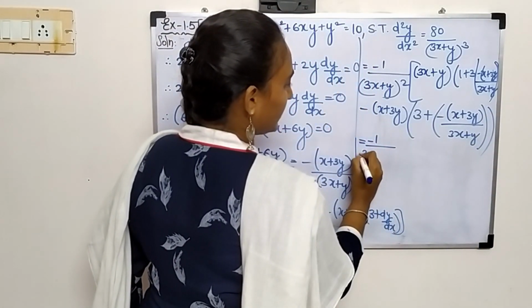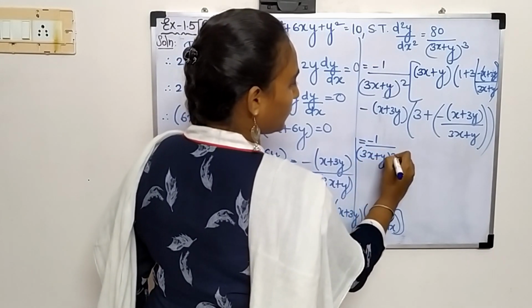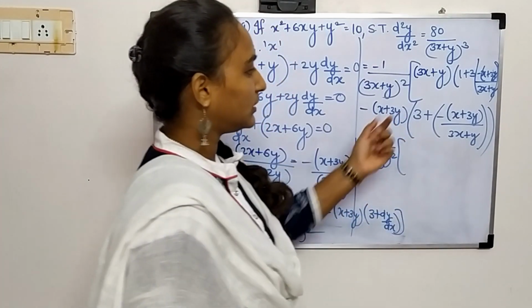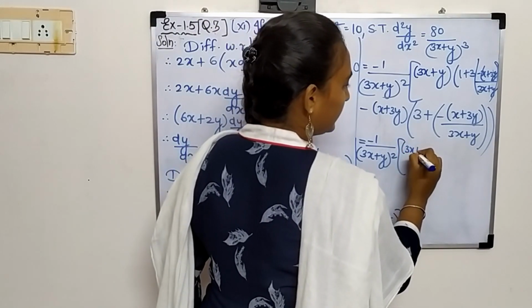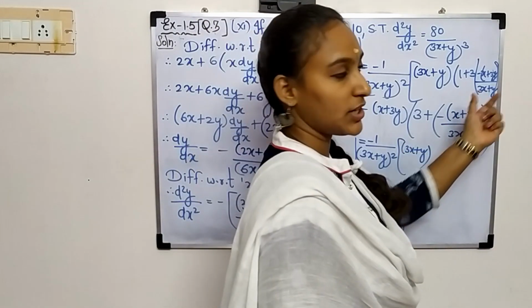Keep the minus 1 upon (3x plus y) the whole square term out. Now cross multiply this.